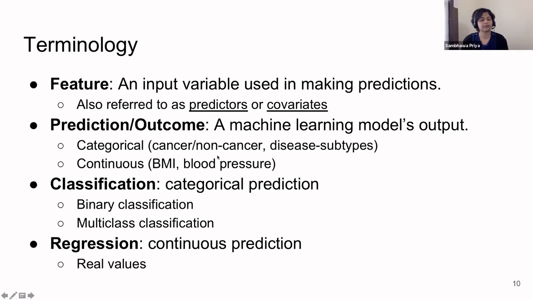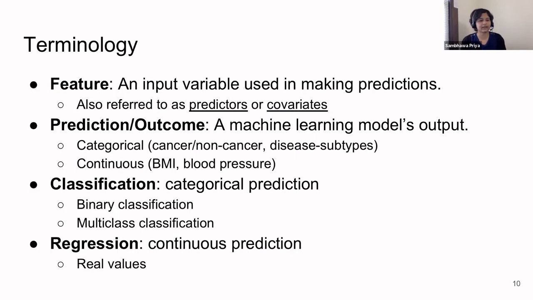And then there's classification, which is categorical prediction. There could be binary classification, when you have to predict between two classes, and as is self-explanatory, multi-class classification, when you have more than two classes and you have to identify or predict samples in those classes.